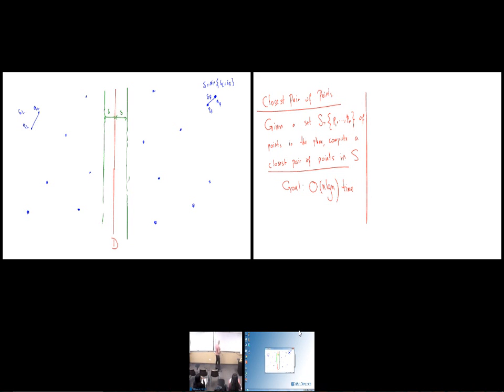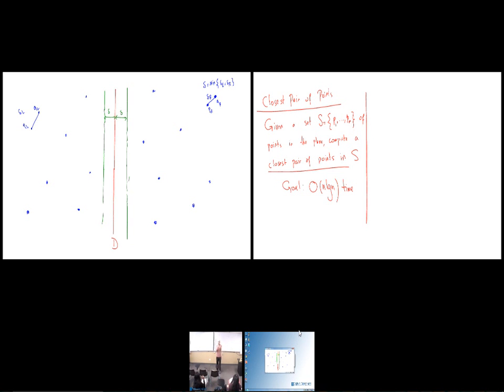So here's the idea. Suppose that I have a pair of points here that live inside this region whose distance beats delta. Let's call them P and Q, and let's assume that P is the lower point between these two points.